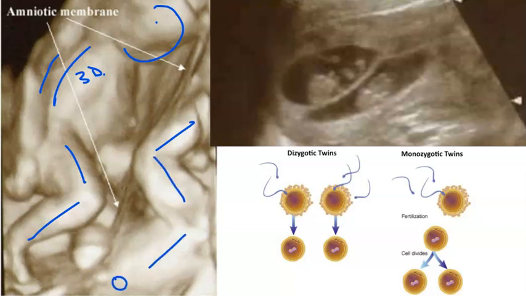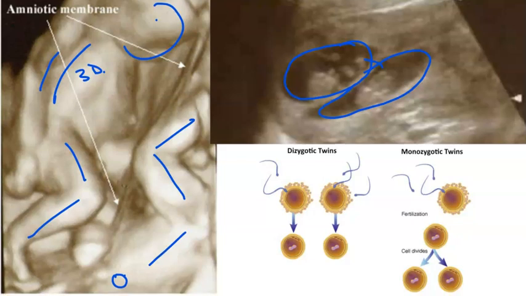Its head's down here. And here's an example of a 2D ultrasound showing a double pregnancy of twins. It's not two separate uteruses or anything like that, but this is actually monozygotic twins.